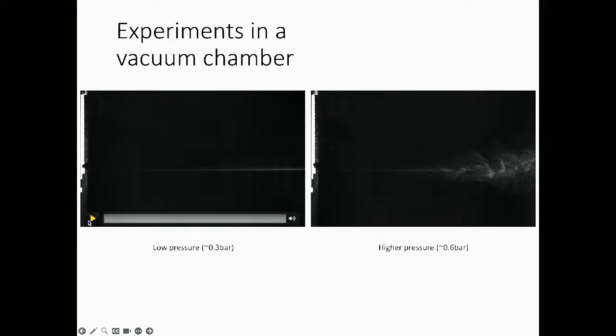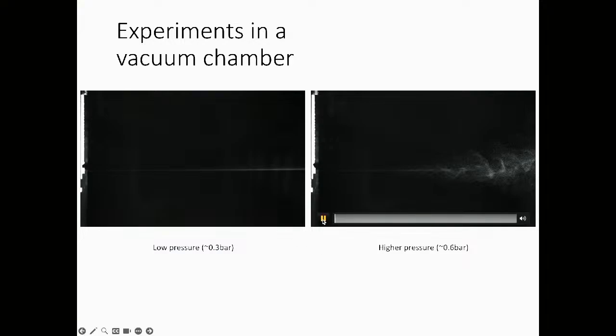If we say it's air friction, we should remove the air and see what happens. Yeah, and so we were able to spray in a vacuum chamber. And so if we do that at a low pressure, it's very hard to see, but if you look carefully, you see just a collection of jets. There's nothing happening. And if we have a somewhat higher pressure, you can see, at least if you're sitting in the front row, that the spray fans out again.